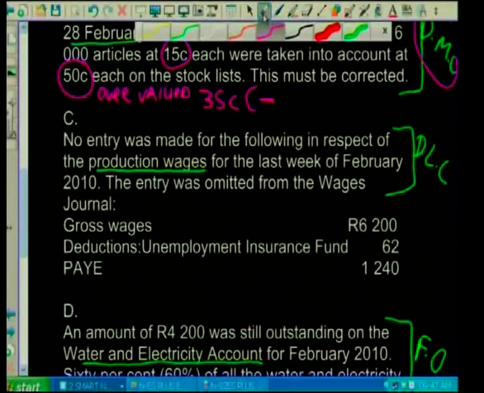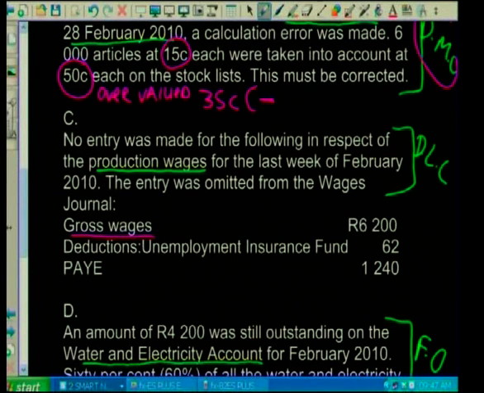Now, in terms of what I take from this adjustment itself, remember guys, you are looking at your expense. You are not looking at liabilities, but rather expense. So the business expense would be your gross wages. The amount that was left out would be 6,200.